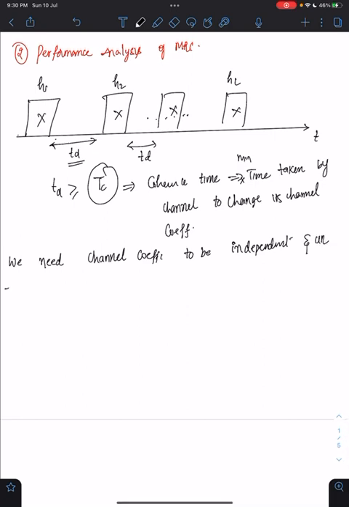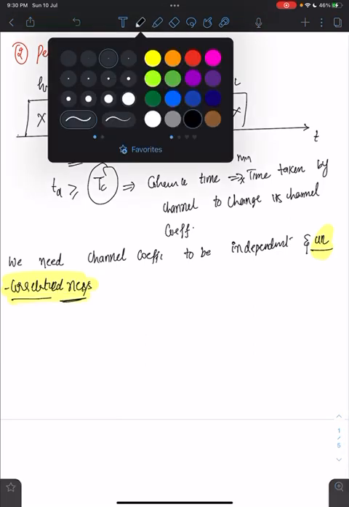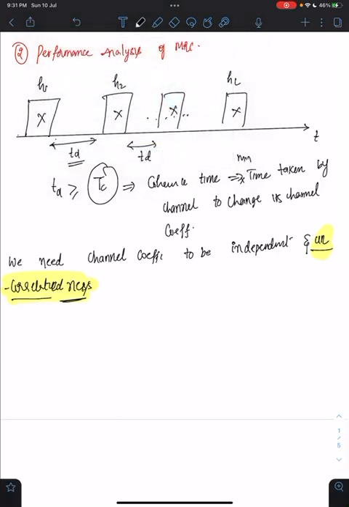Obviously, I know that independence implies uncorrelatedness, but I'm specifying uncorrelatedness to put more emphasis on it, because this makes sense for me. Why we need to make sure the channel coefficients are uncorrelated, you'll get to know at the end of the session. So this is one of the benefits we're looking forward to.